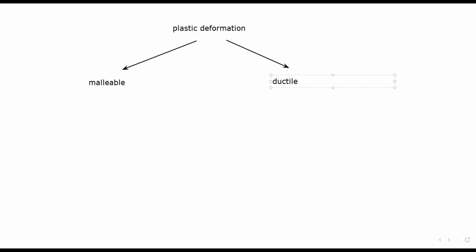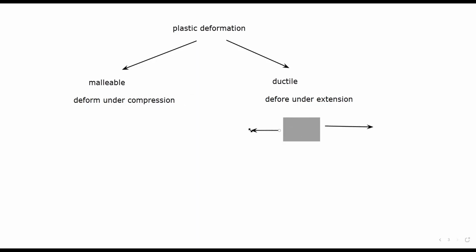The difference: if we can hammer, if an object deforms under compression, we call that malleable. If an object deforms under extension, meaning we apply a force and draw it into wire, it is deforming by applying a tensile stress.